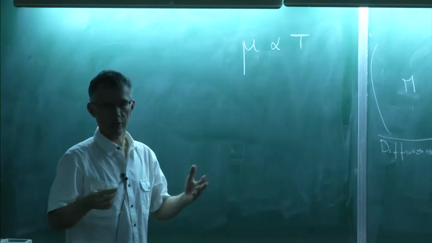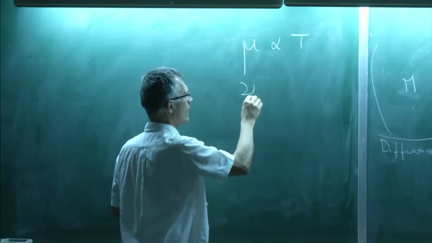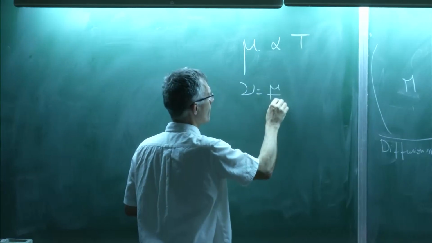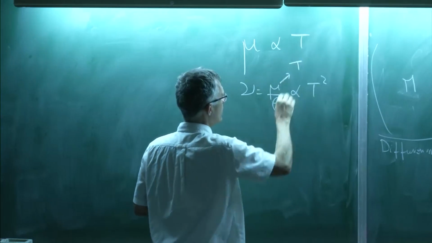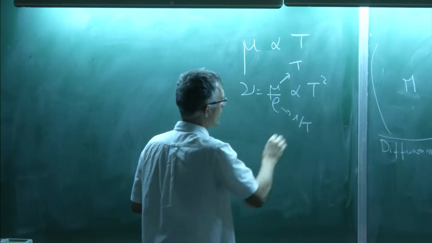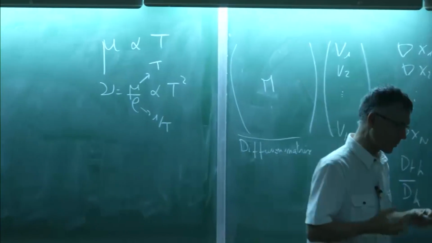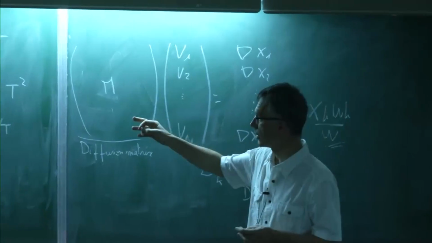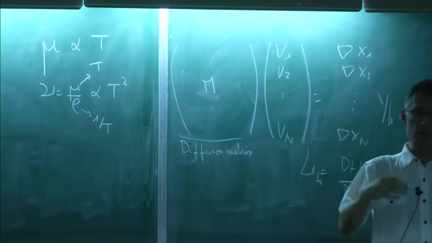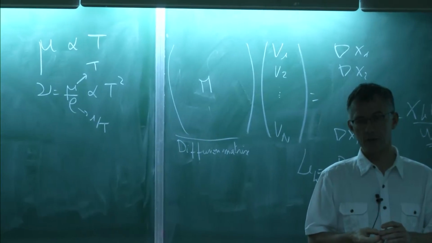Temperature increases, viscosity increases. Which really means that nu, which is mu over rho, increases like T squared, because mu goes up like T and rho goes up like 1 over T. So that's actually a surprising result. Well, not surprising, but that's the way it is. The kinematic viscosity of the burned gases is much more than the kinematic viscosity of the fresh gases.